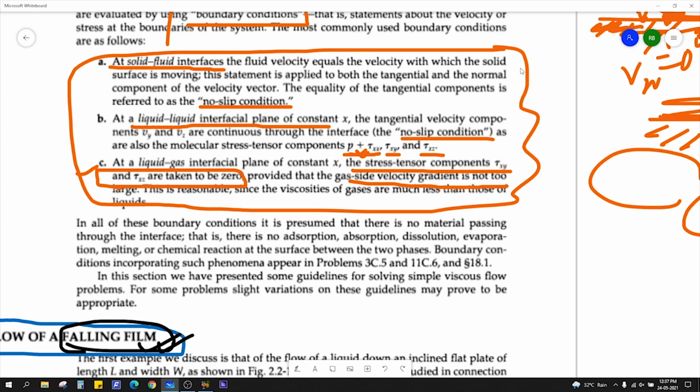Since the solid surface is stationary, its velocity is 0, so the fluid will also attain 0 at the wall.